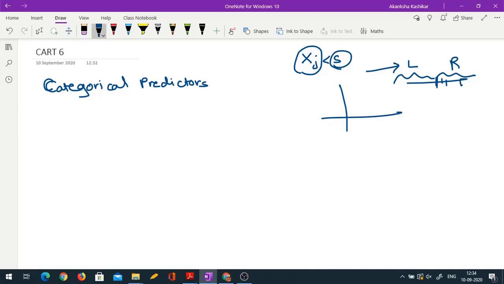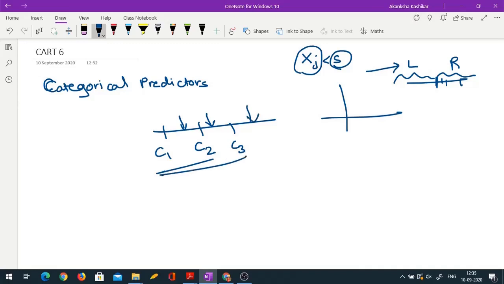You can't actually say this is my category 1, this is my category 2, say level 2, level 3, and shift my threshold from here to here and then move these two to the left and the remaining to the right. Then try the combination where these two are to the left and the remaining to the right.